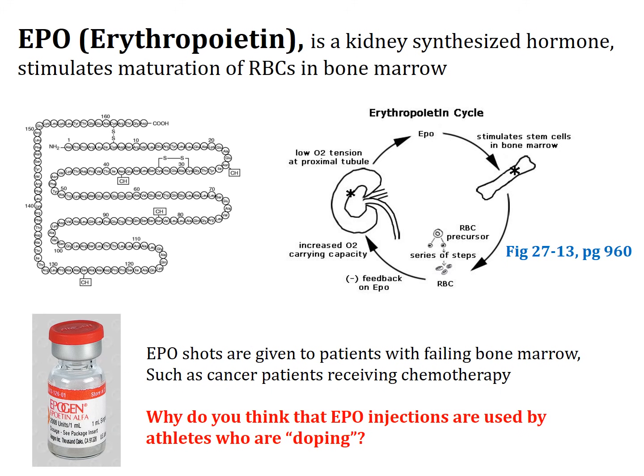And then we have erythropoietin as a pharmaceutical product. So now as a synthesized recombinant human erythropoietin, we can give individuals shots of erythropoietin, particularly individuals who have failing bone marrow and are not pumping out adequate amounts of red blood cells.